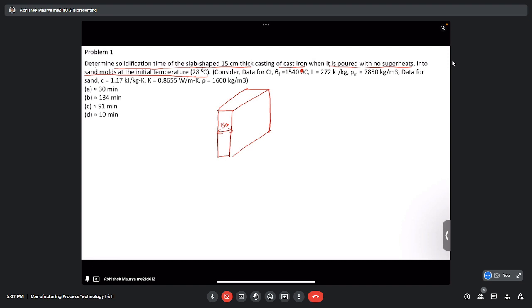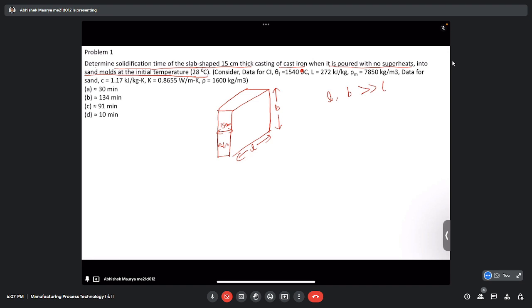For a thin casting, this is the length, this is the breadth or width, and this is the thickness. So length and breadth are very, very high compared to thickness T.